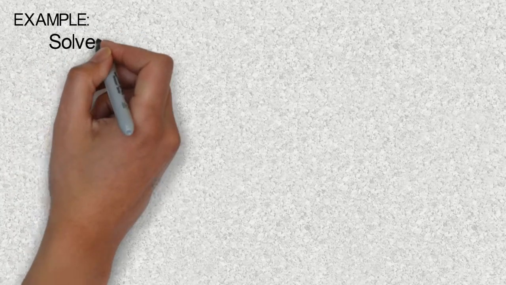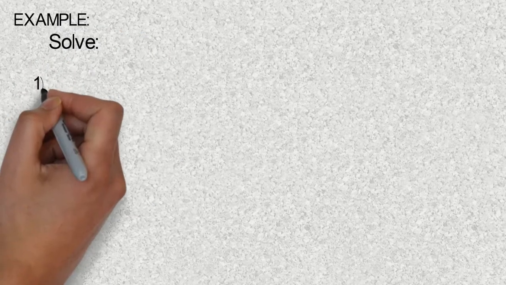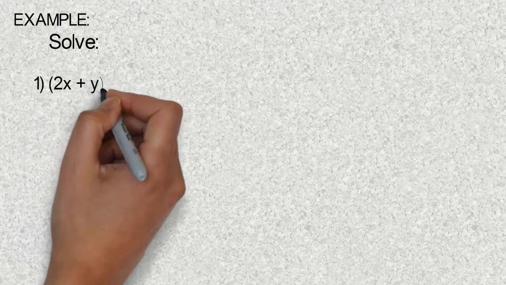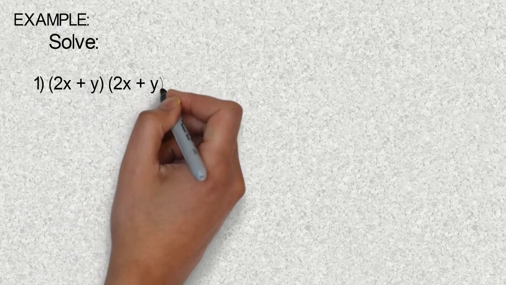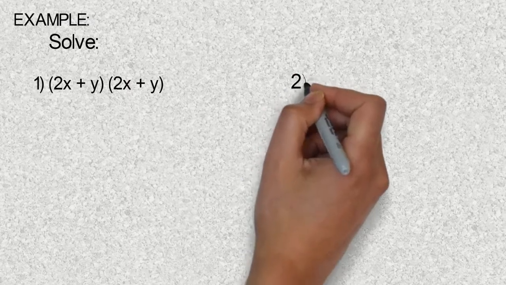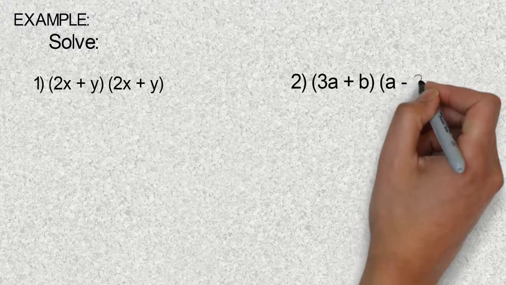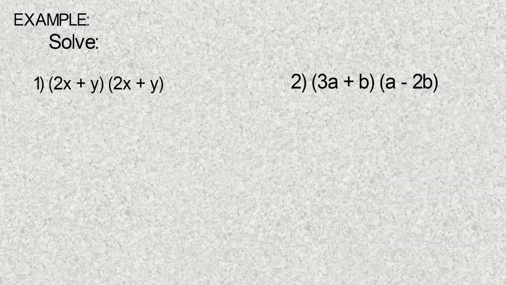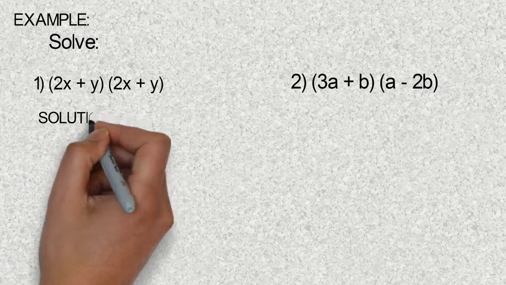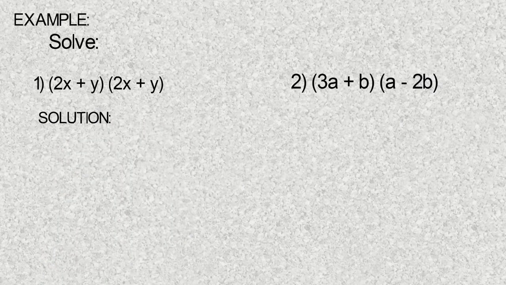Do you get that? Let's look at an example so that you understand better. Example 1 says solve 2x plus y multiplied by 2x plus y. And 2 says multiply 3a plus b into bracket a minus 2b. So let's look at the first one.